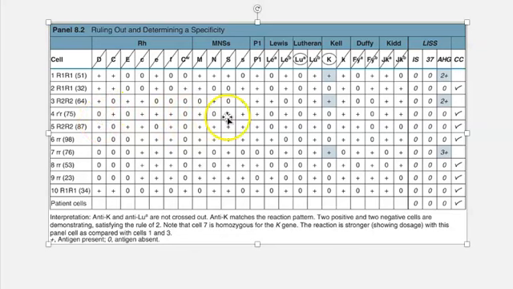Again, you're going to go all the way across the number 4 cell line there and cross out the antigens that are positive. And the reason for that is that if the antigen-antibody reaction was negative, then the antibody that the patient has that we're trying to identify did not react with the antigen on the panel cell, so it can be eliminated as a possible antibody.